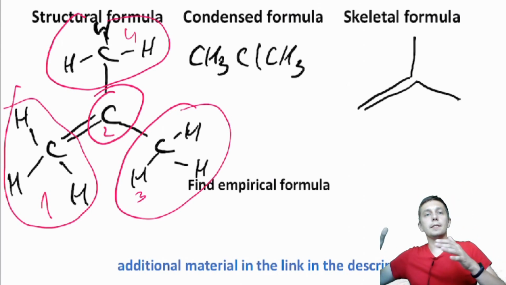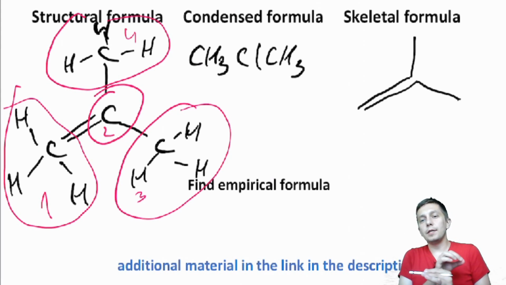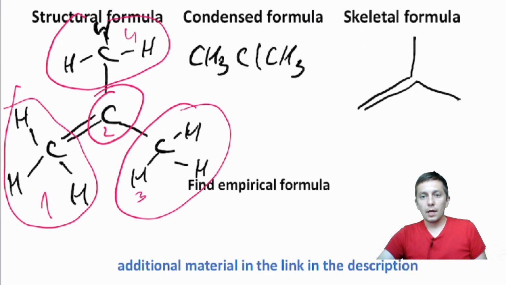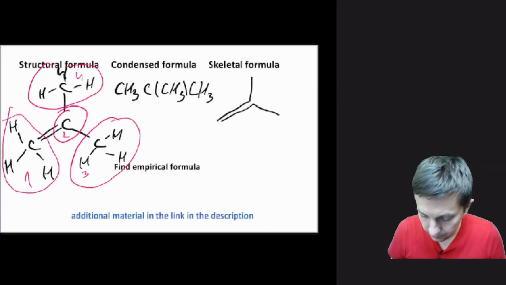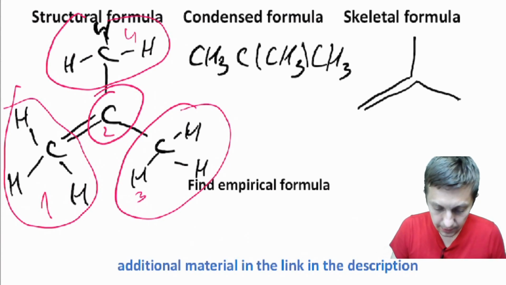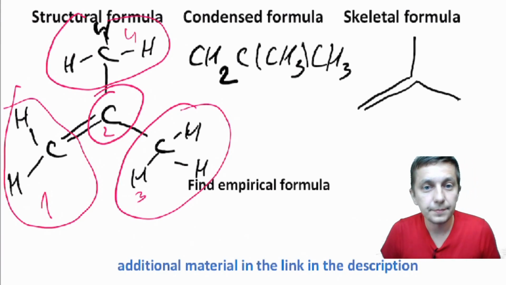With 4 groups, it's separate, but in a condensed formula we must be able to draw the structure in a horizontal line. So it will be, oh, one moment, I made a mistake in my formula. Yeah, now it's correct.